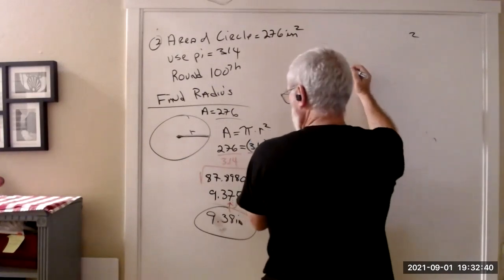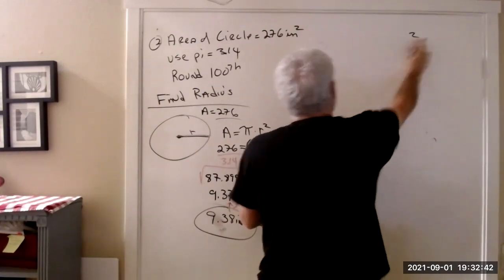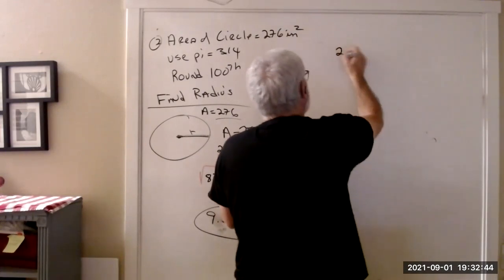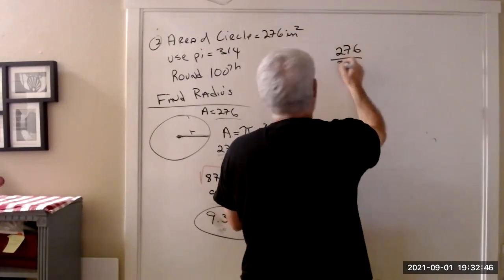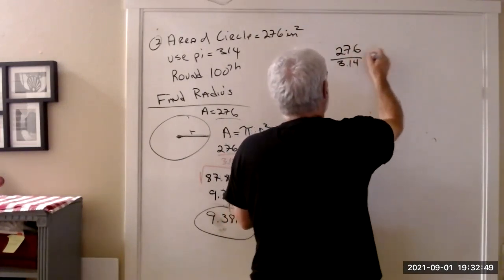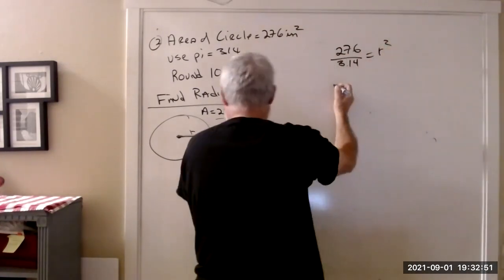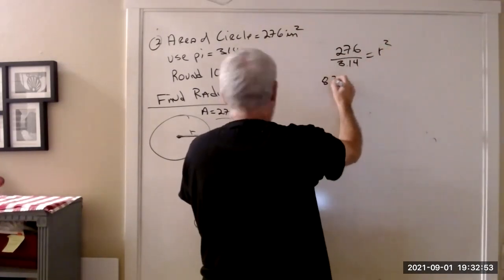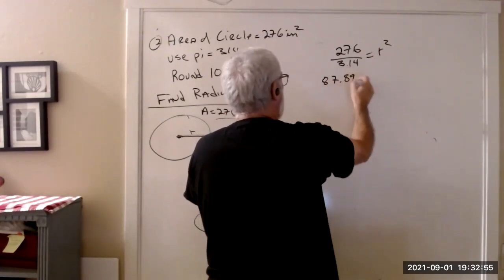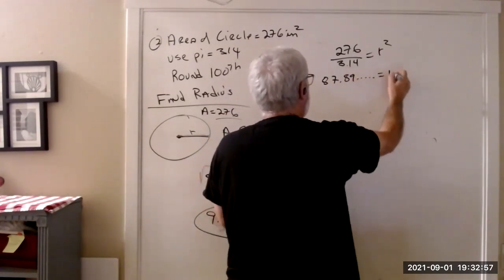Earlier, we did this problem. 276 divided by 3.14 equals R squared. And that's how we got this big old ugly answer, 87.89, blah, blah, blah, equals R squared.